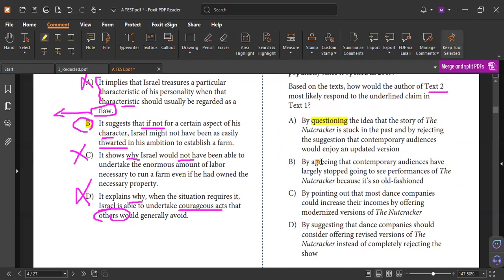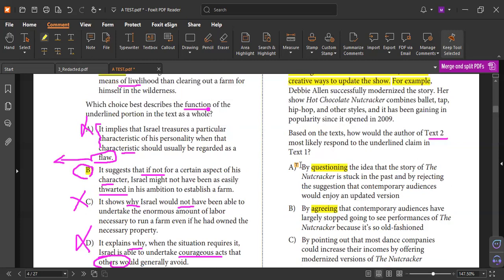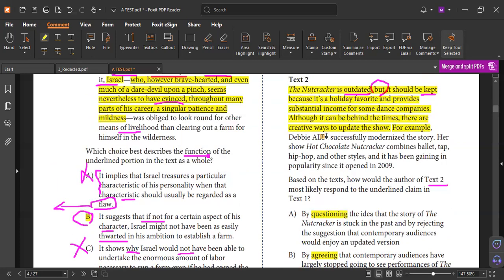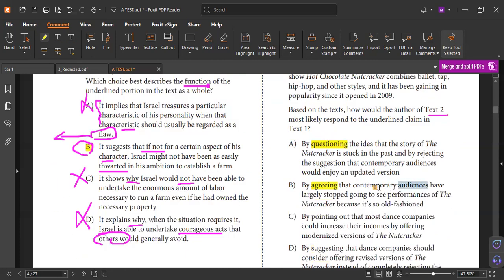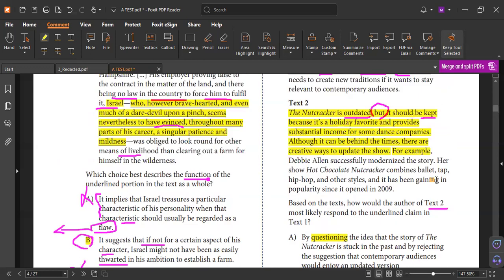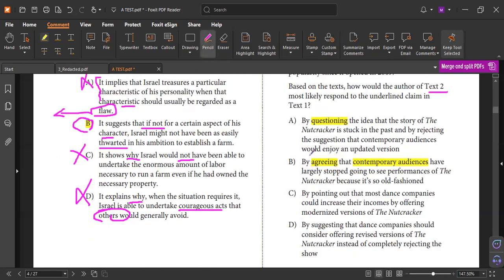Again, by agreeing that contemporary audiences have largely stopped going to see it, the author agrees, okay, but he didn't mention the audience, whether they would like to go or not. He talks about the study and the content. That means we add details not mentioned in 2. So letter B is wrong.